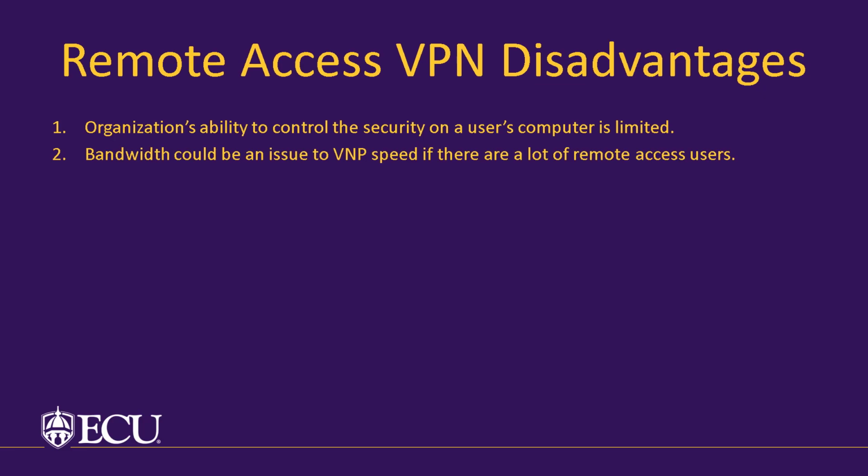So with a remote access VPN, an organization is not going to be able to push policies to that device like it would on a site-to-site VPN or something to that nature.